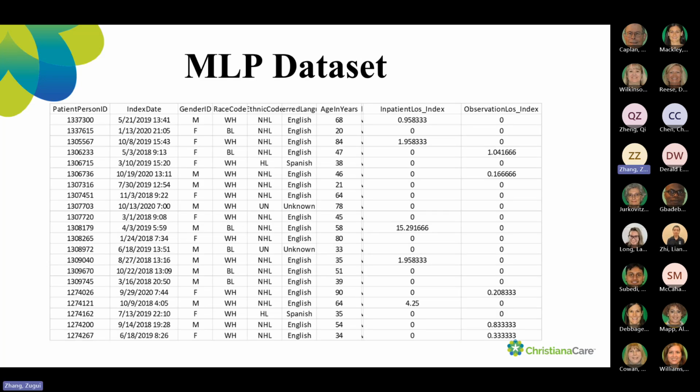This is the data set for the medical legal partnership. And then we can see that for each participant, we will have a pre-intervention length of stay and an after-intervention length of stay.